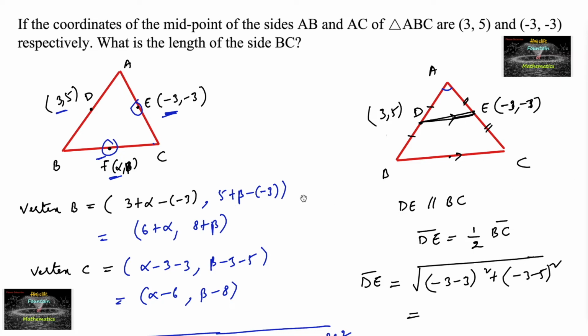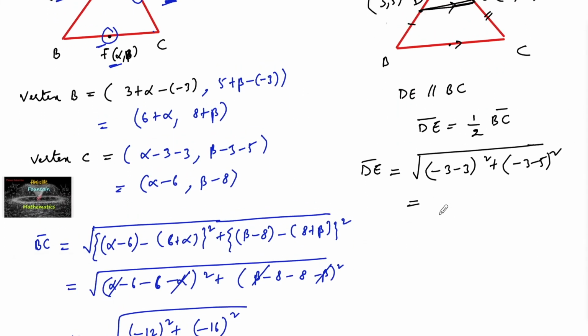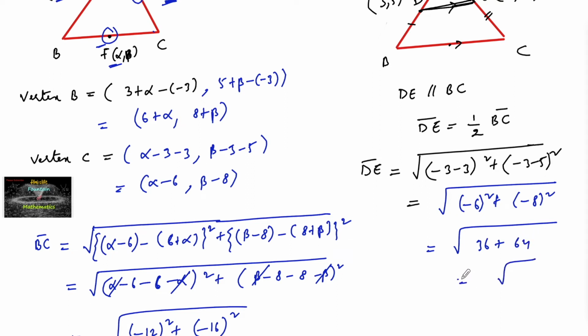Which is equal to the square root of minus 3 minus 3, minus 6, whole square, and minus 3 minus 5, minus 8, whole square. That is 36 plus 8 square is 64, so 36 plus 64 is 100, and the square root of 100 is 10. Therefore the length of DE is equal to 10 units.